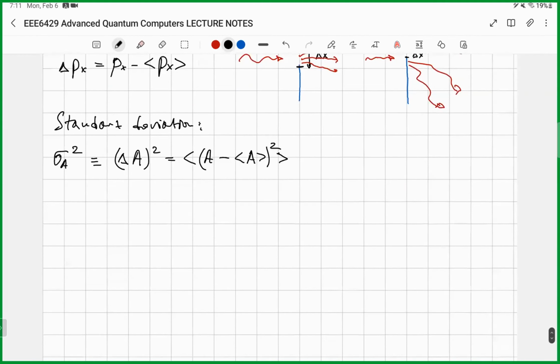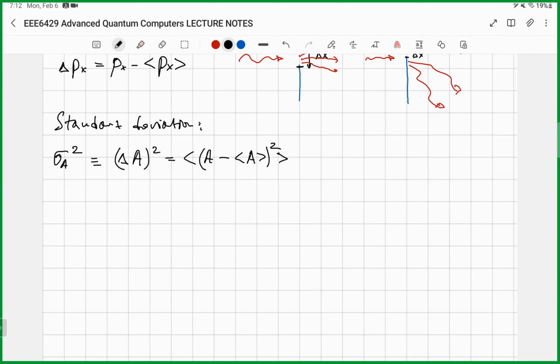Then I take the square of this dispersion, and after that I do the average operation, the mean value of the result.